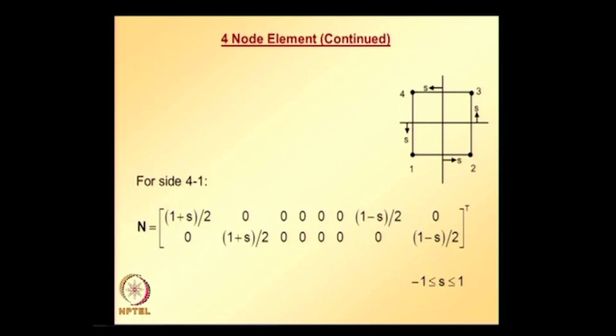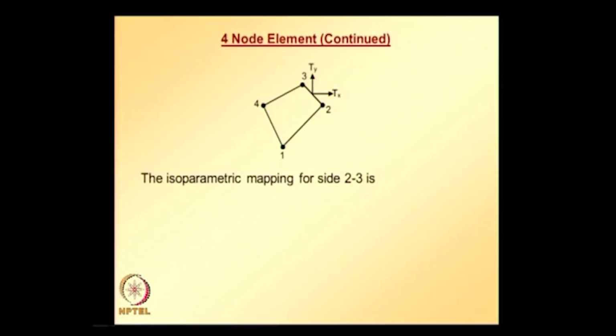For illustration, consider the case when uniform pressure is applied along side 2 3. To proceed further, we need to write the isoparametric mapping for side 2 3, and the only non-zero shape functions are going to be those corresponding to nodes 2 and 3; other shape functions are going to be 0. The shape functions of nodes 2 and 3 for side 2 3 can easily be obtained using the Lagrange interpolation formula.